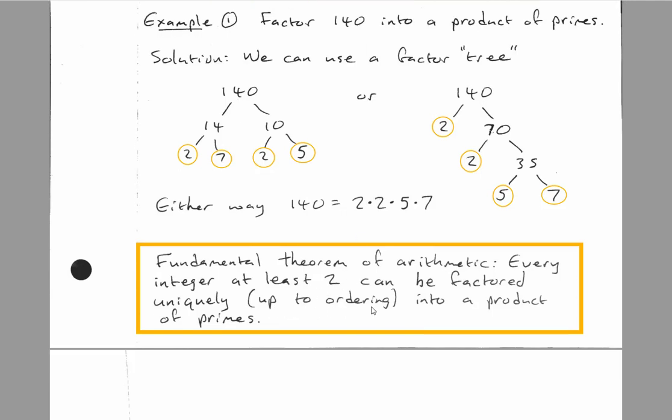This 'up to ordering' just means we could also write this as 5 times 2 times 2 times 7, but we're not counting that as a different factorization. It's really the same primes there.